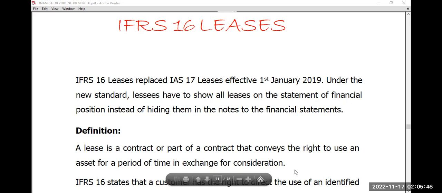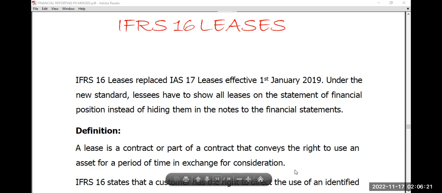It replaced IAS 17. Previously in IAS 17, we used to account for leases and categorize them into operating and finance leases, as we are going to be seeing. But when these amendments were done, you may find that we are eliminating all that.